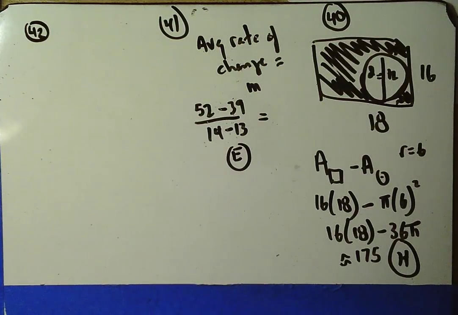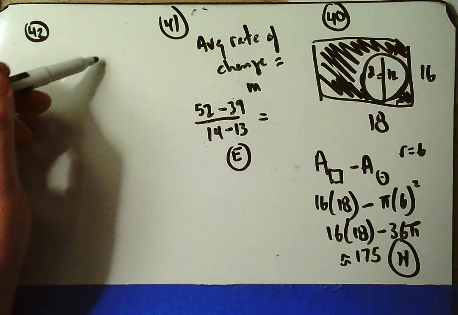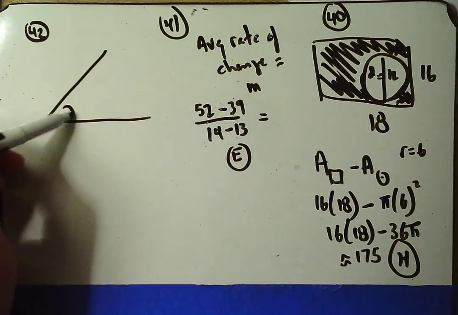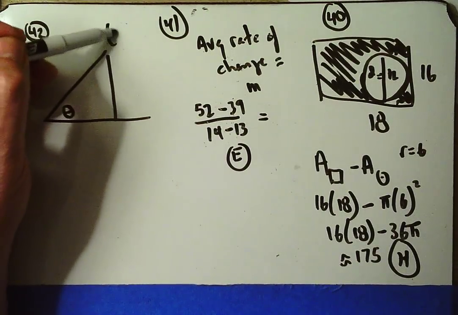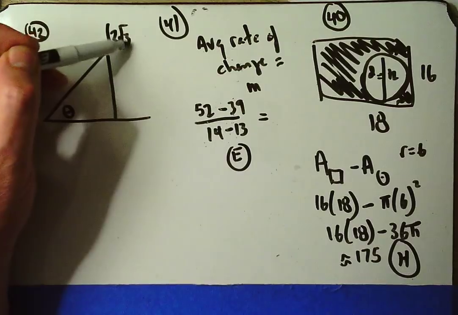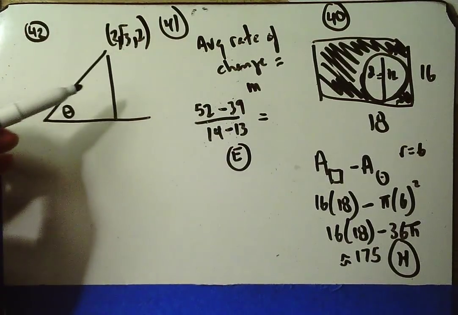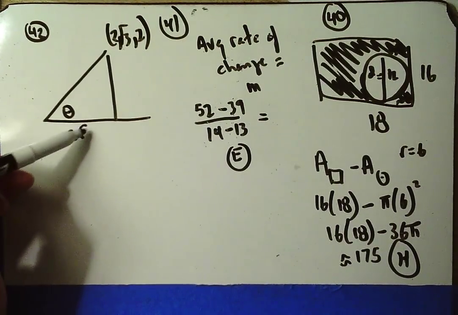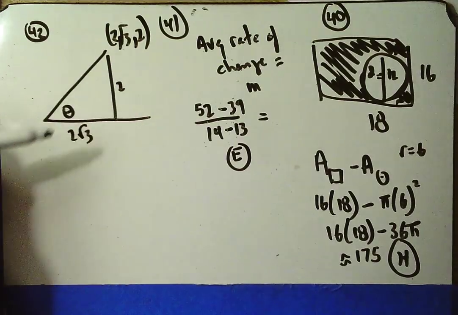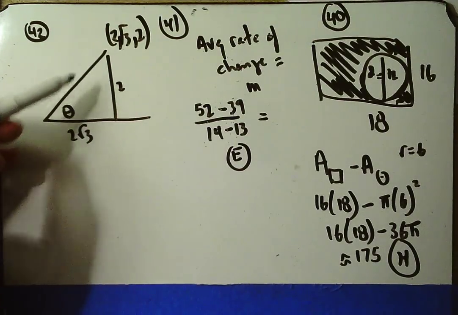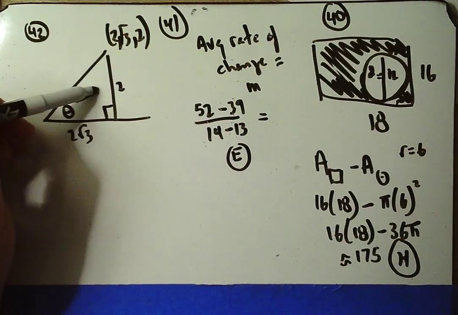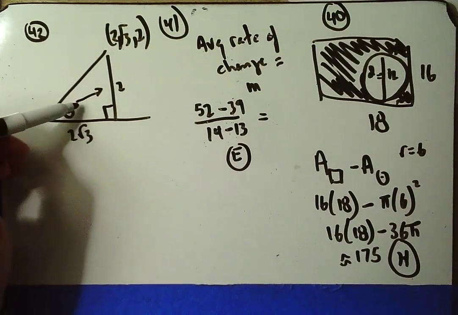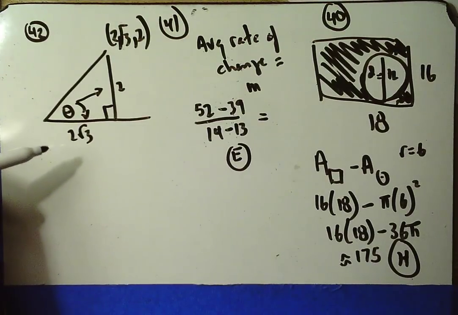42 says, what is sine of theta? Okay, well, they've given me a theta here, and they said that this is the ordered pair 2 root 3 comma 2. Well, that means that this is 2 root 3, and this is 2. So what trig ratio uses the side opposite the angle theta and the side adjacent to theta?